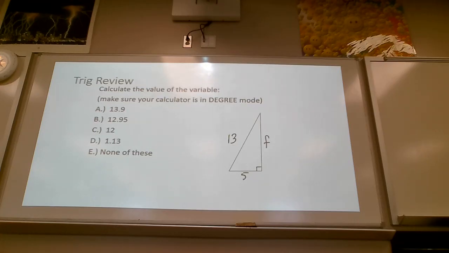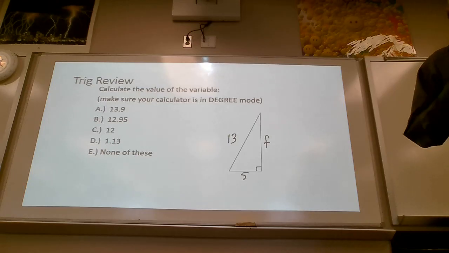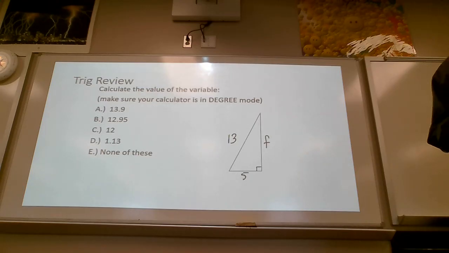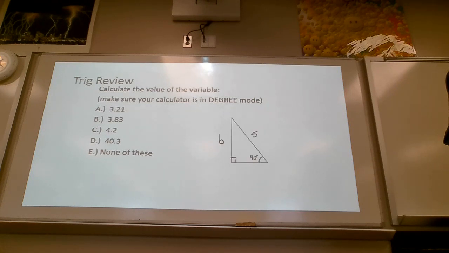So 13 squared equals 169, subtract 25, gives you 144, square root is 12. It's a 5, 12, 13 triangle. It's one of those that exists within the range.